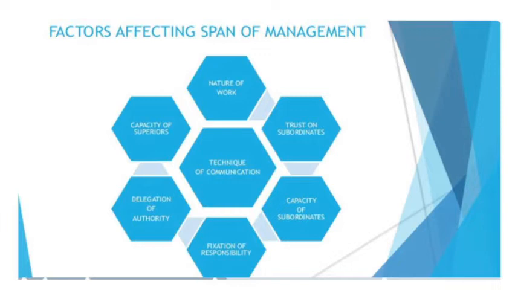If there are irresponsible subordinates, we will also decide which supervisor they are allotted to. So fixation of responsibility is one of the factors that affect the span of management.